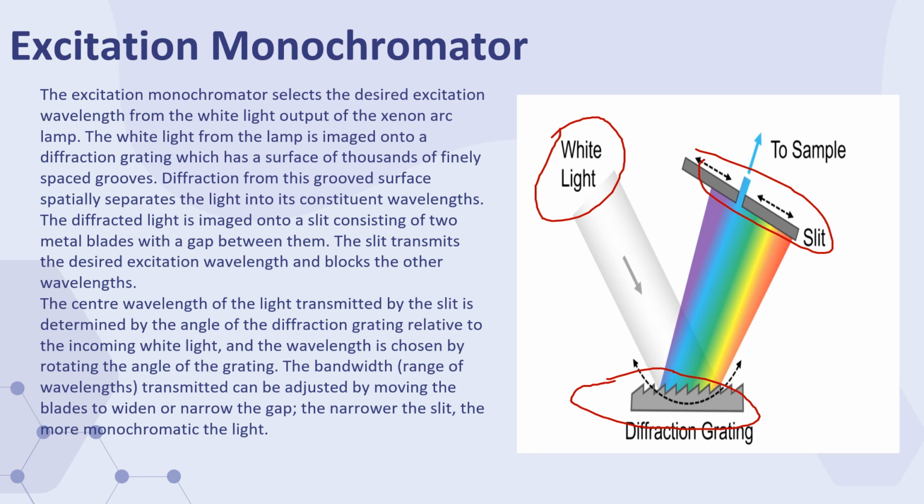The center wavelength of the light transmitted by the slit is determined by the angle of the diffraction grating relative to the incoming white light, and the wavelength is chosen by rotating the angle of the grating. The bandwidth transmitted can be adjusted by moving the blades to widen or narrow the gap. The narrower the slit, the more monochromatic the light.